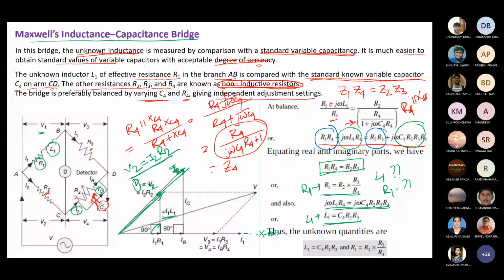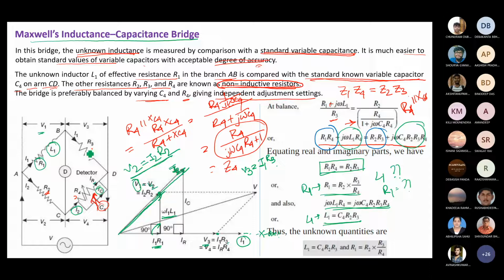So first the I1 direction, we will get I1 R1. Then we have to plot V3. V3 equals I1 into R3. So the I1 axis is this, this is I1. So V3 equals I1 R3. Directly we have written I1 R3.